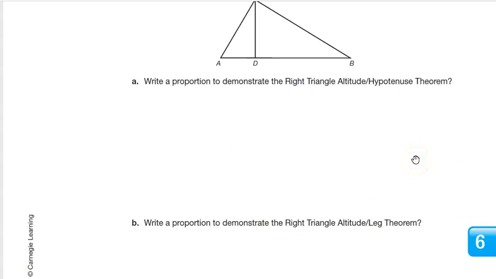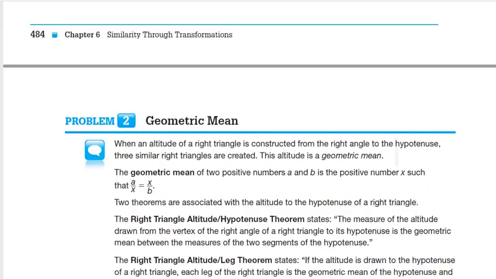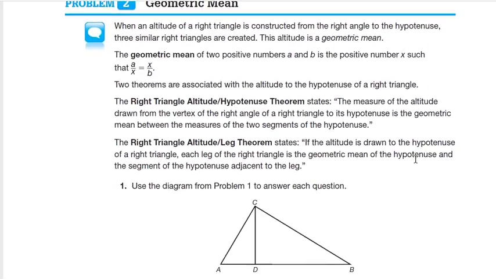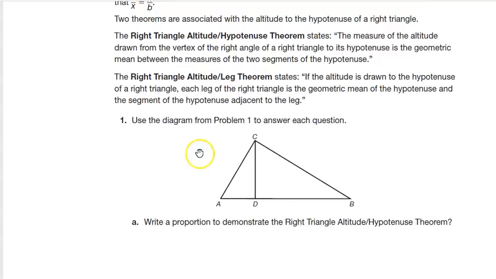And now the leg theorem is a little different, but basically it says that if you draw an altitude, then each leg of the right triangle is the geometric mean of the hypotenuse and the segment of the hypotenuse adjacent to the leg. So let's think about what that means.